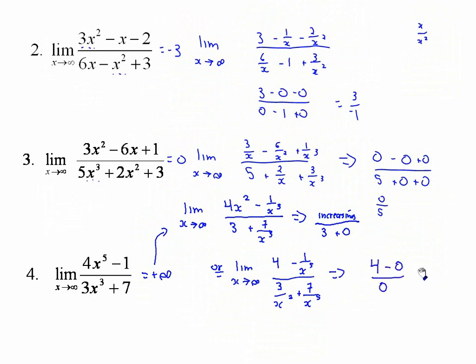And this means there's no limit. If you get a non-zero number on top and 0 on the bottom, it means no limit. The problem is, of course, it's harder to interpret. Second, you don't know for sure if it's going in the positive direction or the negative, although you'd probably conclude it's positive. And it's nice to know whether your graph is increasing or decreasing. So I favor dividing by the highest power in the denominator.